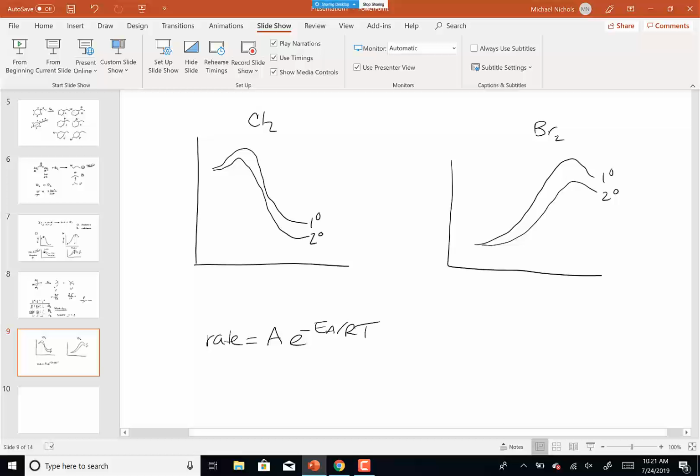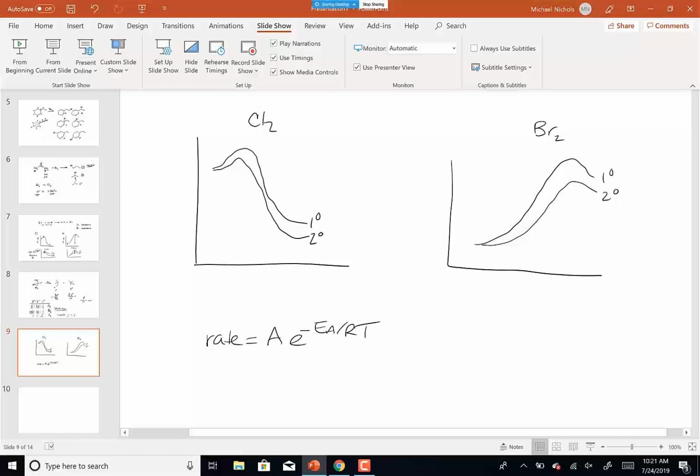And there is the equation that tells us all about the math. So we could do this totally mathematically and try and figure out what the transition state energy difference is, and then apply a temperature to that. And so this equation is telling us the rate of forming the radicals. And we would need to know the transition state energy difference between primary and secondary for each of these cases. And mathematically that will work.